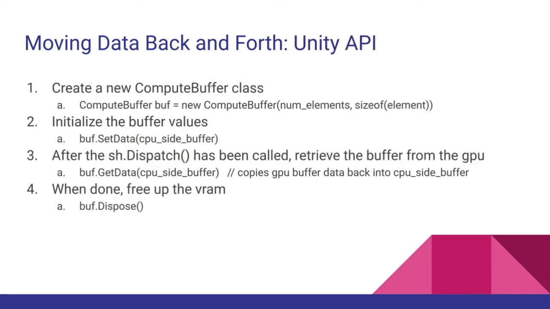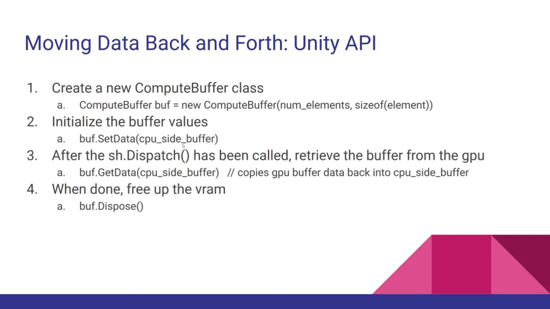Regarding the Unity flow for the buffer, you instantiate the buffer with the number of elements and the size of the element. That just creates a huge piece of memory that you can do with as you like. You can set the data, passing it an array of data on the CPU side. So this is like a normal C# variable, a CPU-side buffer. It would be an array of Vector3s or something. Then you call the shader dispatch function.